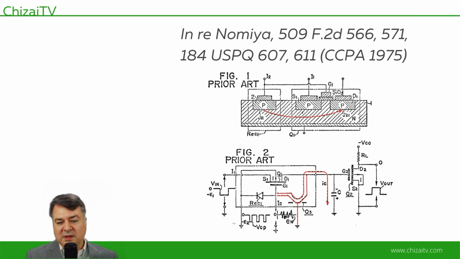The argument in this case was that these figures, even though they say they're prior art, to the Japanese applicant, to their U.S. application, weren't prior art at the time. They argued that. And the court said it doesn't matter if it's not prior art against your U.S. application. You said it's prior art by labeling it here, so therefore it is prior art against you. So that was the problem here, and Nomiya-san lost his case.